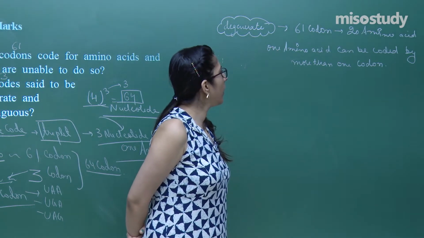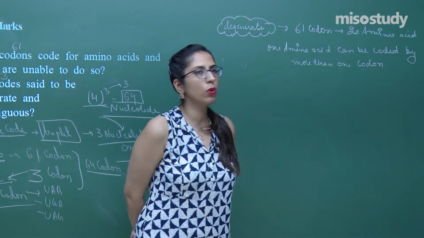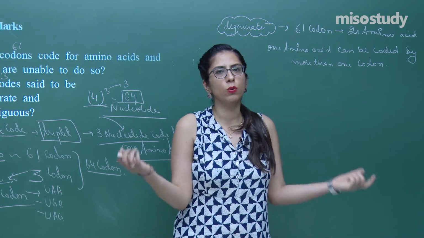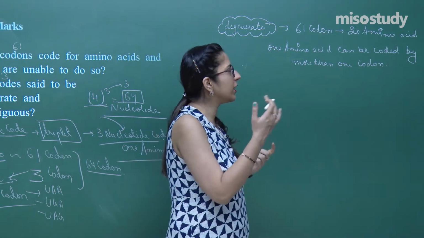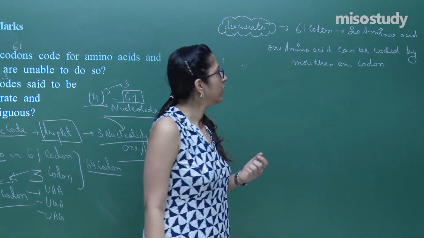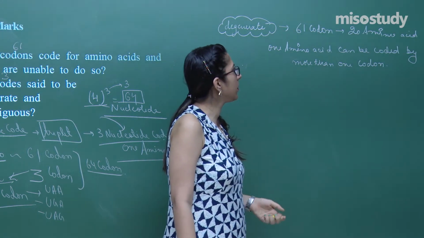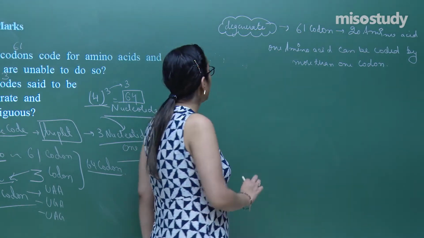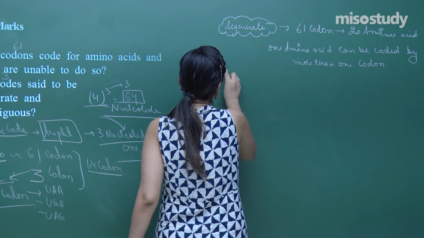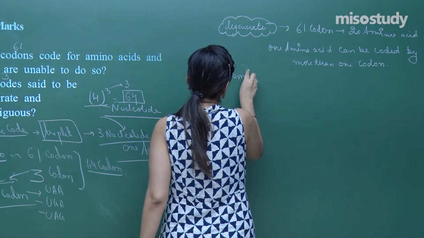Because we have to code only 20 amino acids and we have more codons, one amino acid can be coded by more than one codon. This is called degeneracy. Now another question says unambiguous.